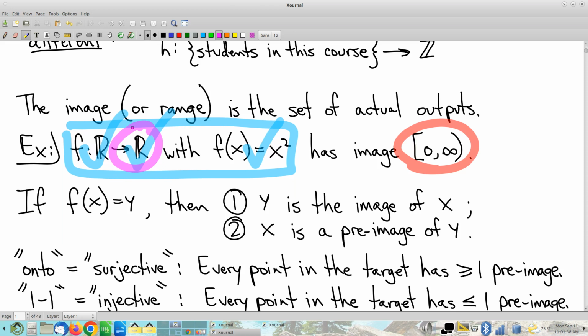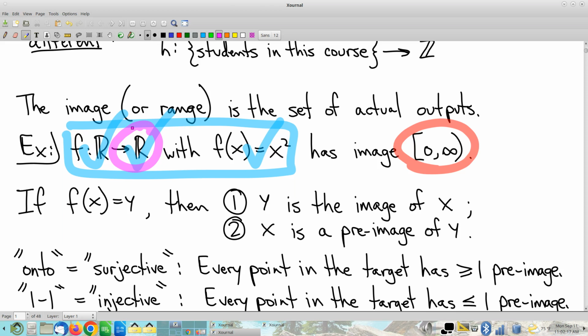I just needed to know what kind of things are coming out, and I didn't want to have to sit down and think about, wait a minute, what are the actual output values, and let me do an optimization problem and figure out what is the minimum to come out of here, and try to get precise about what's the smallest that this could actually be. I don't need that. Very often it's perfectly fine and satisfactory just to know what kind of critters are coming out, and that's it. So anyway, make sure to distinguish between the target and the image. They are not the same, and it is important.